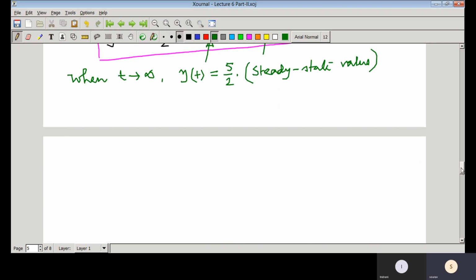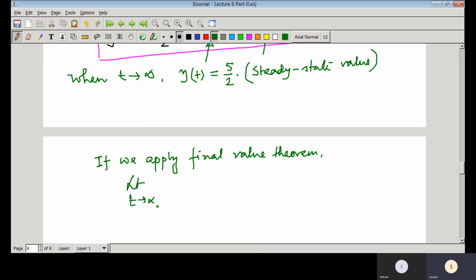So if we apply the final value theorem, what will we get? That is limit t tends to infinity y(t), which is limit s tends to 0 of sY(s).